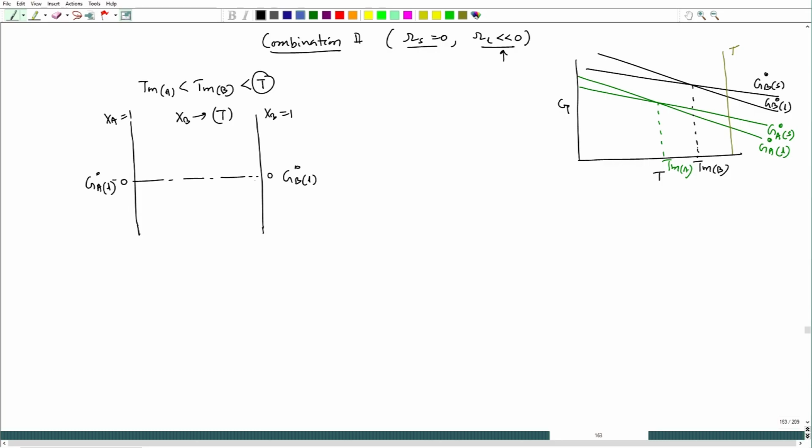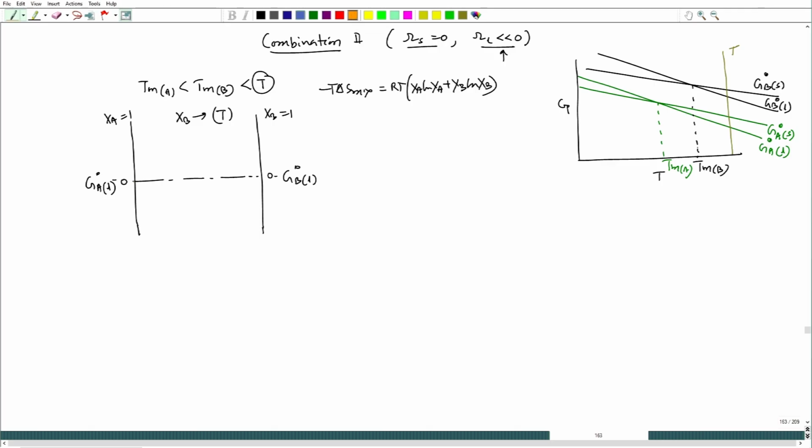So, that is what we have taken this to be 0, and at that temperature minus T del S mix would be R T (x a ln x a plus x b ln x b). So, this one let me draw with a different color, we will do it with this color.